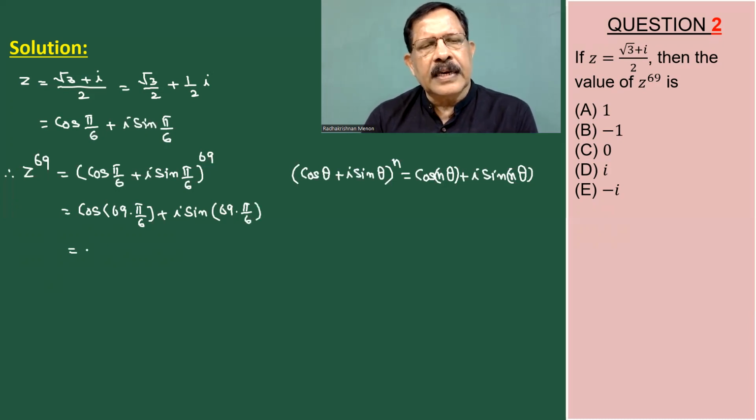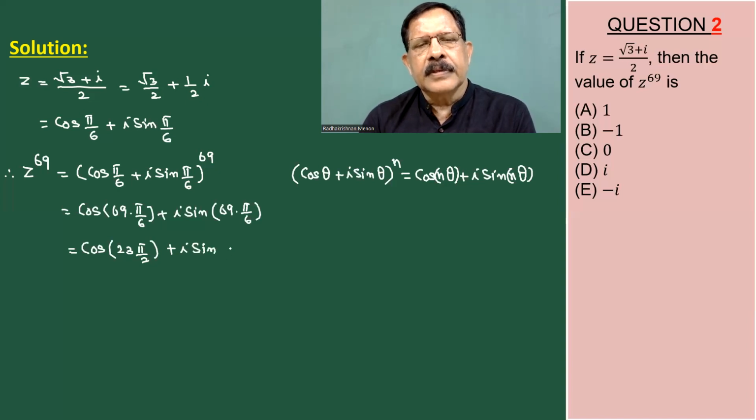So 3 is getting cancelled, is it not? When 3 is getting cancelled, here it will be 23 pi by 2. Plus i sine 23 pi by 2.